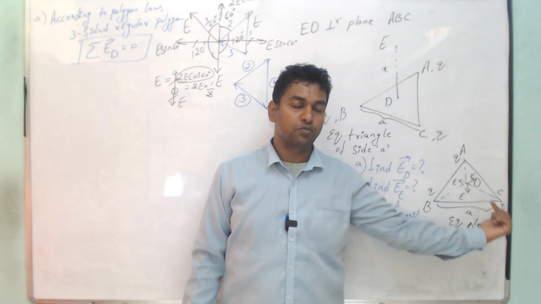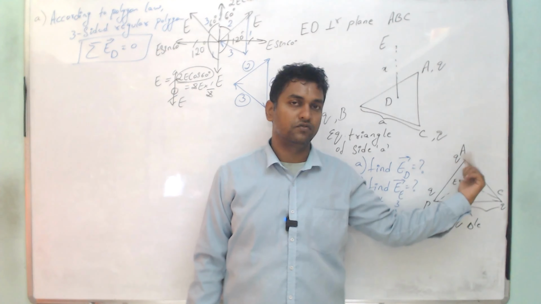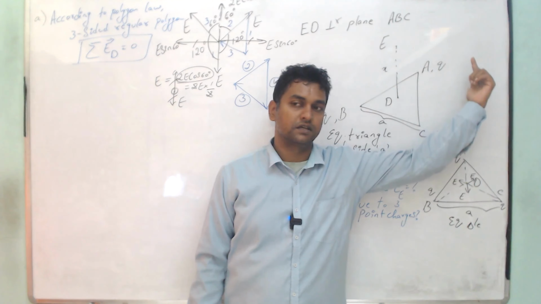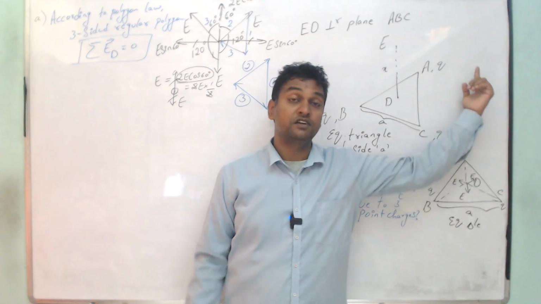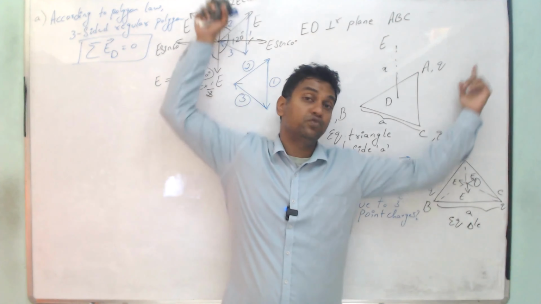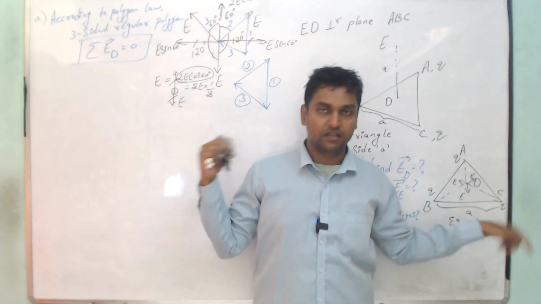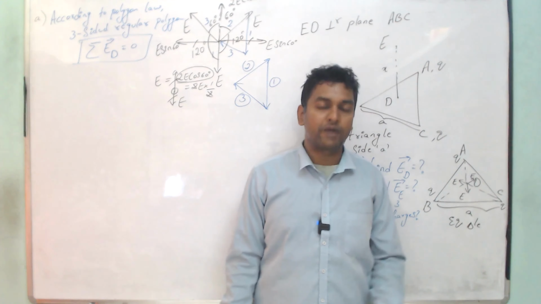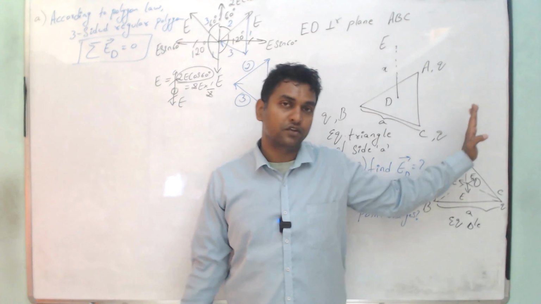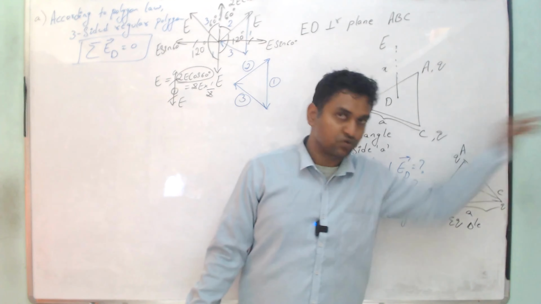Component due to this one will be E cos 60. So upwards I have 2E cos 60. At the bottom I have E. Apart from this, another component E sin 60 towards the right.